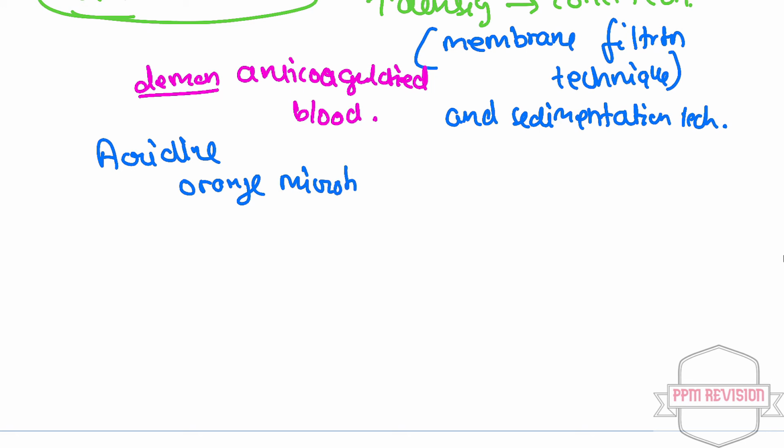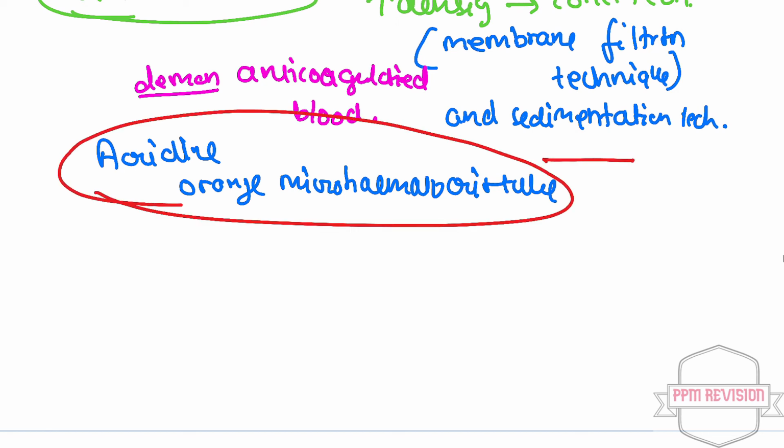Microhematocrit tube. So this technique can also be used to demonstrate microfilaria, and this tube includes EDTA, heparin, as well as acridine orange.